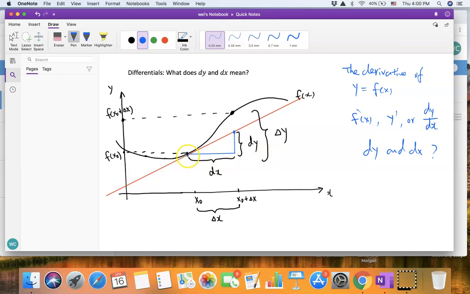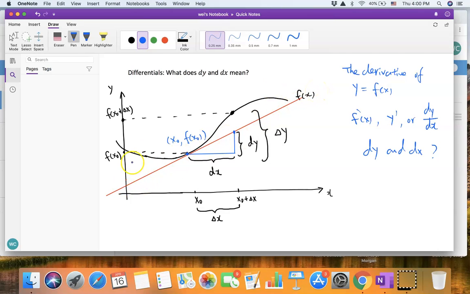And also at this point x0, f of x0, I can draw a tangent line, which is this red straight line.